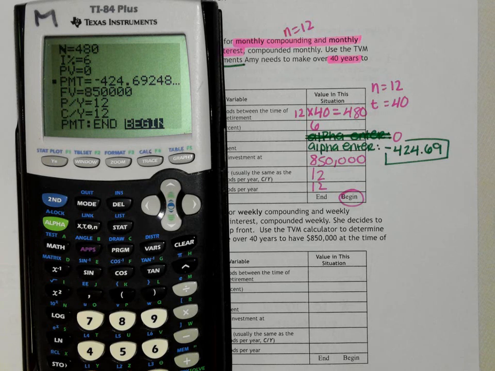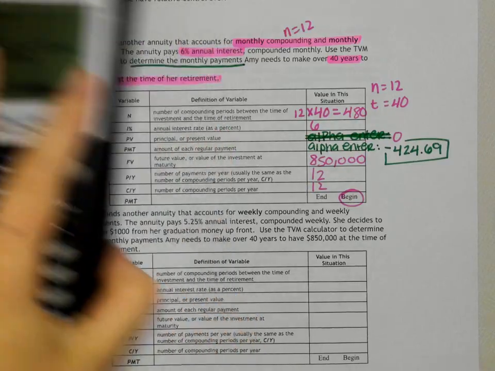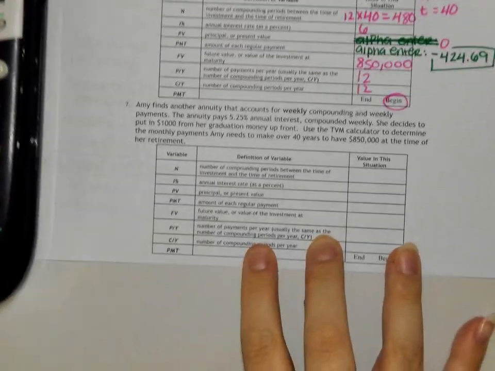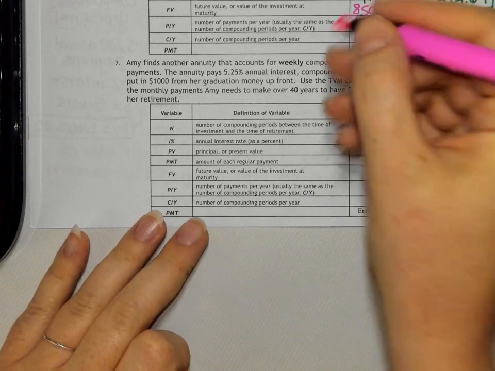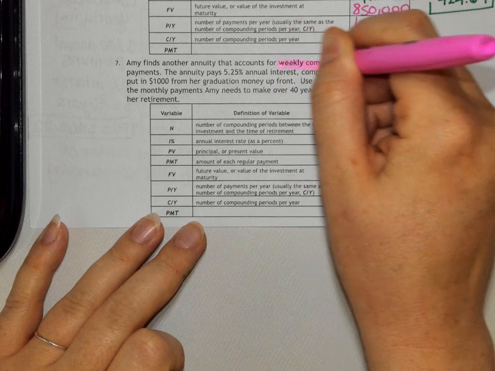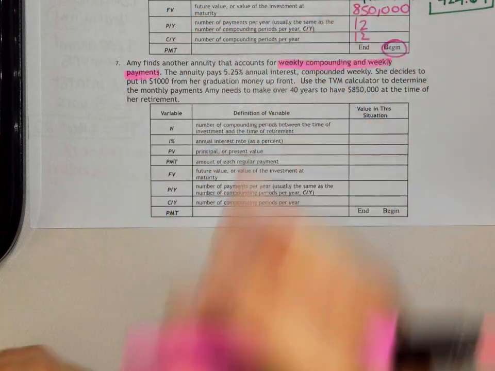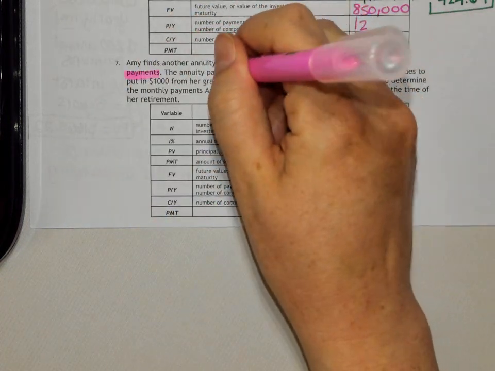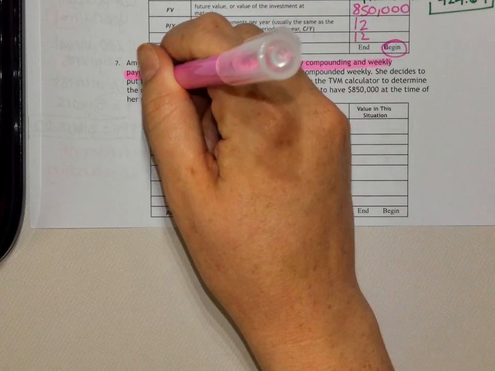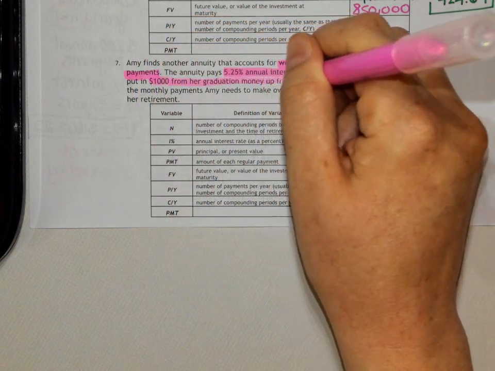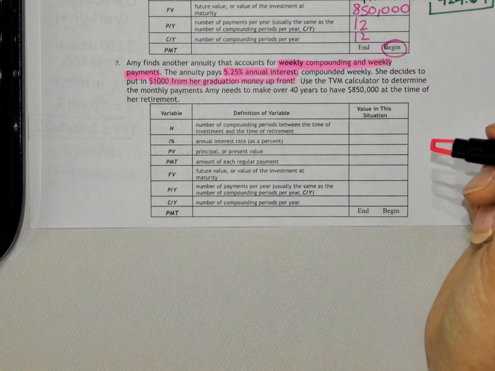Y'all ready for the last one? Okay, last one. All right. So this time we are accounting for weekly compounding and weekly payments. The annuity pays 5.25% annual interest. She decides to put $1,000 from her graduation money up front, so we do have a present value this time.